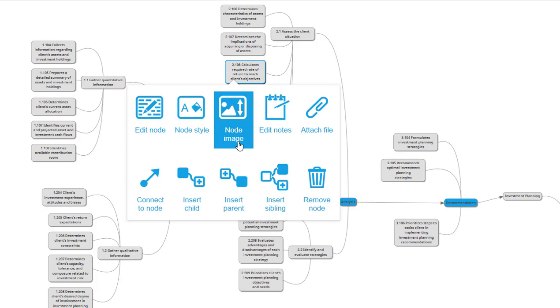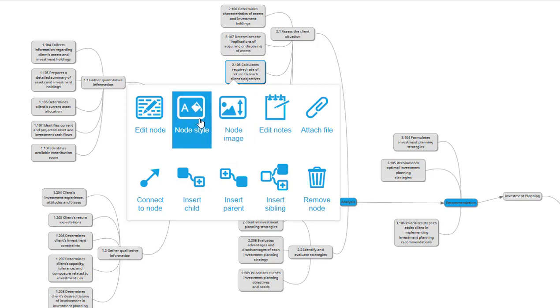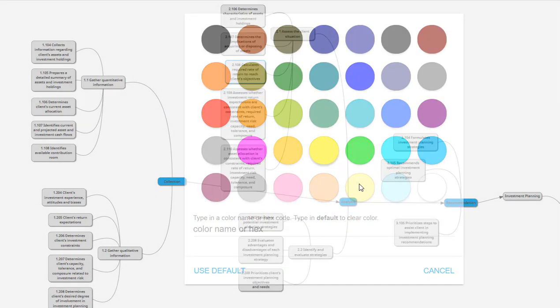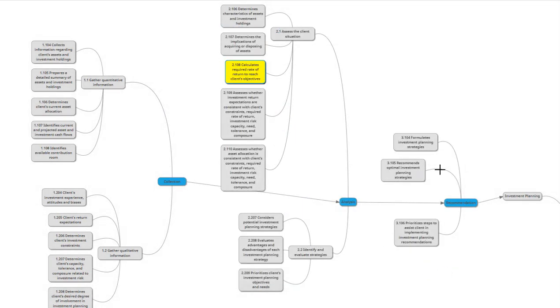Well, what I can do is change the node style, change the background and make that yellow and say, okay, that's an area that I need to come back and work on. Of course, I could do that in Excel as well, changing certain cells. But again, I'm liking the interactivity and flexibility of this mind map through the Mind software, a free Google app.